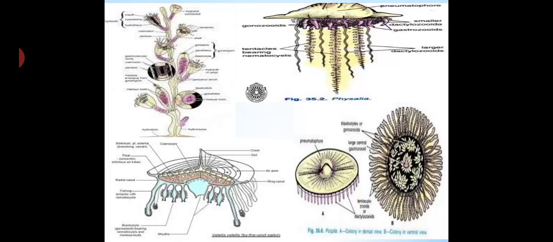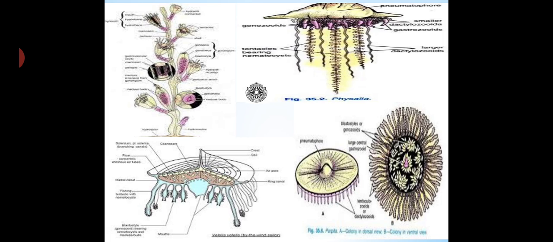So this is a slide showing the different examples that come under Hydrozoa. On the top left hand corner, you observe the presence of Obelia. As I said earlier, it exhibits trimorphic nature of the polymorphism. On the right hand side of which you observe Physalia, and this Physalia exhibits the true polymorphism.